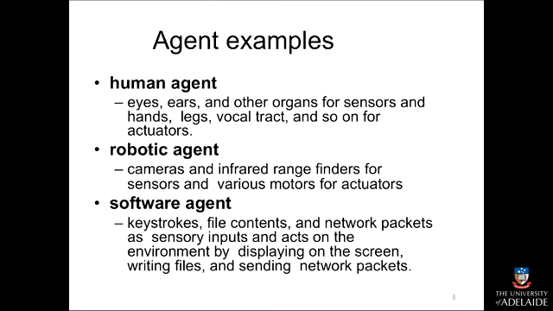But in the case of other agents, in the case of a software agent, the inputs may well be keystrokes, file contents, network packets, and so forth, and it may act on the environment by displaying stuff on the screen, writing files, changing internal states, sending network packets, and so forth.